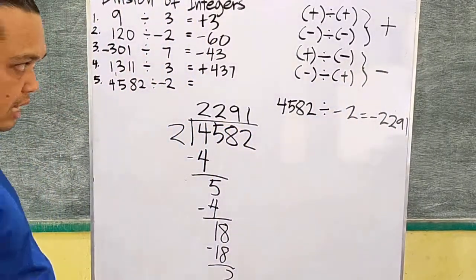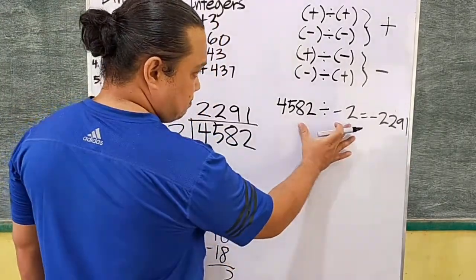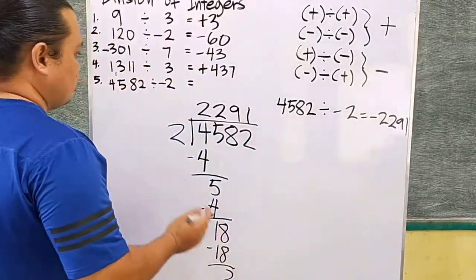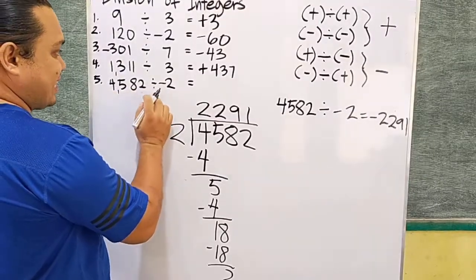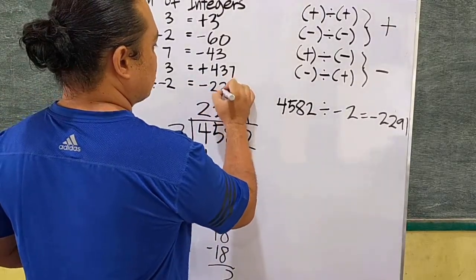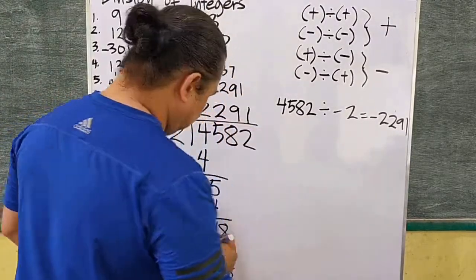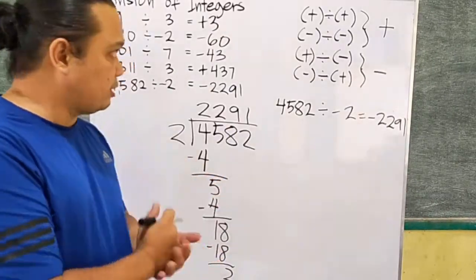Okay? So therefore, our answer here is a negative integer. Why? Because we are dividing unlike integers. So 4,582 divided by negative 2 is negative 2,291.